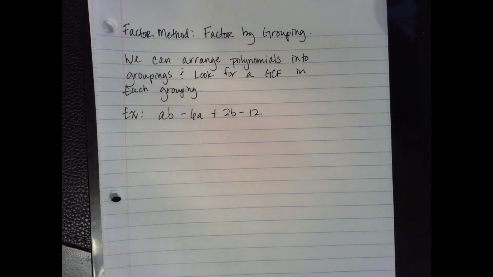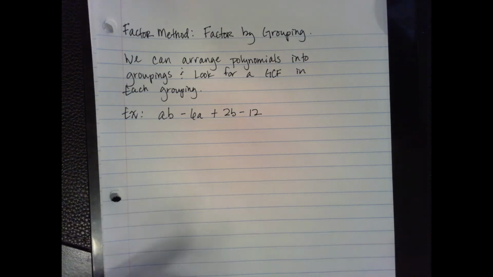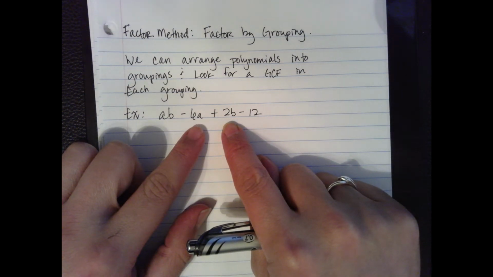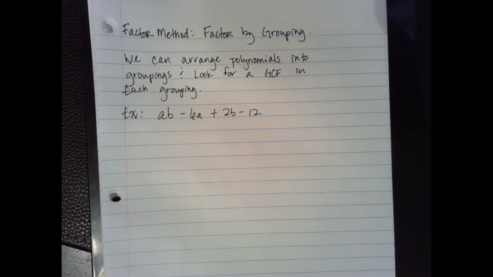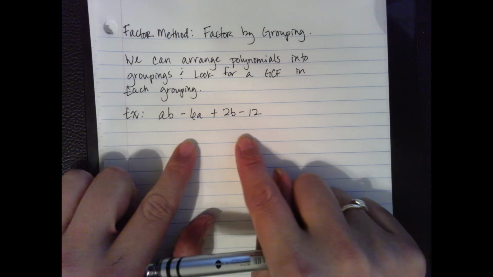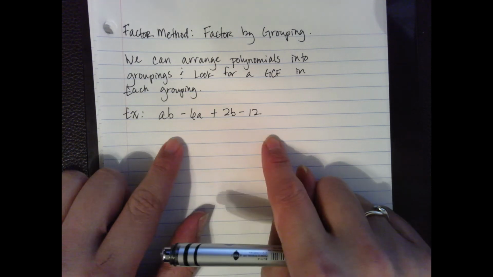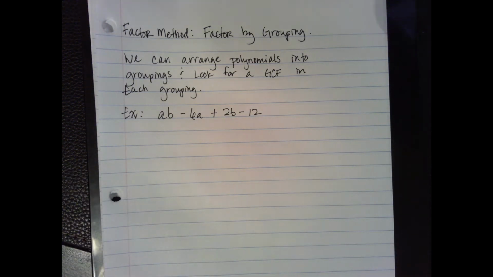Then we'll look for a GCF in each one. If we have chosen good groupings, I'm not going to say correct groupings, but good groupings, then what we factor out of each set of parentheses will leave us two sets of parentheses that are the same.